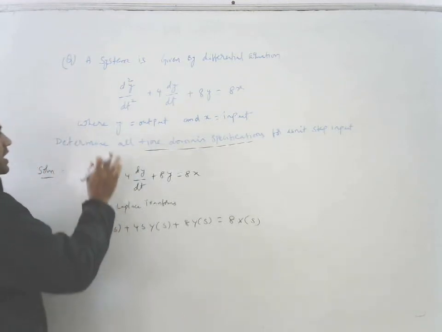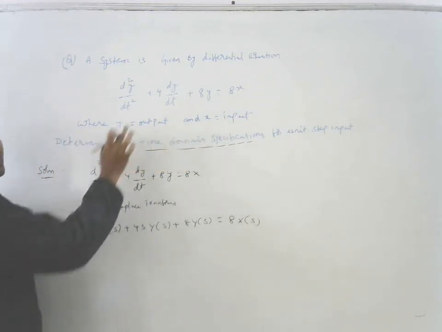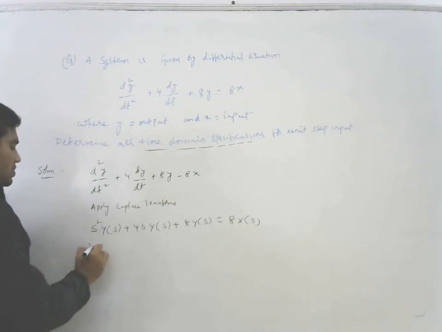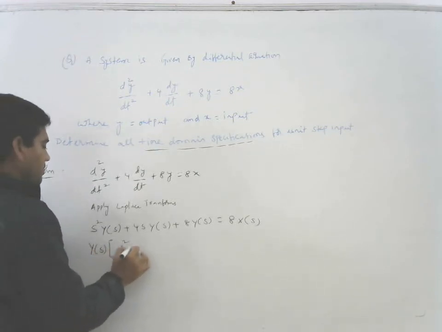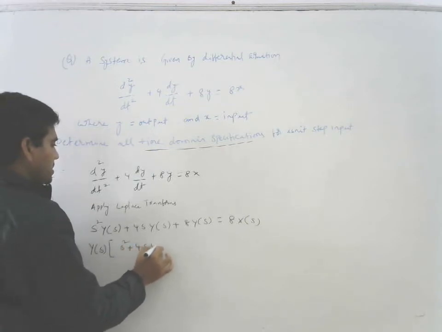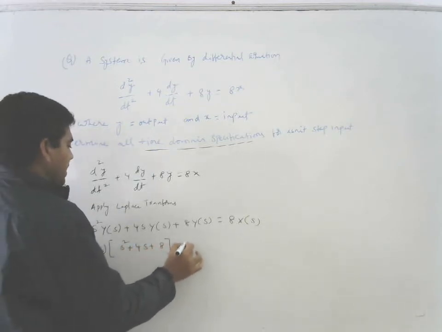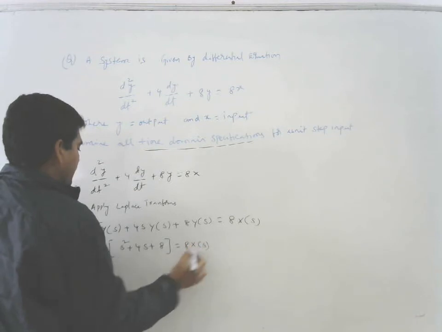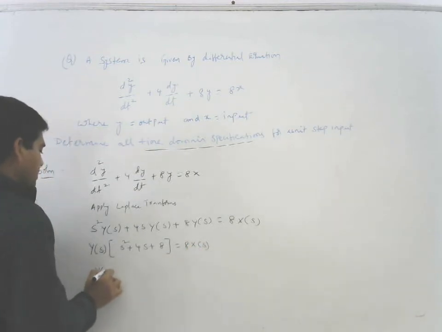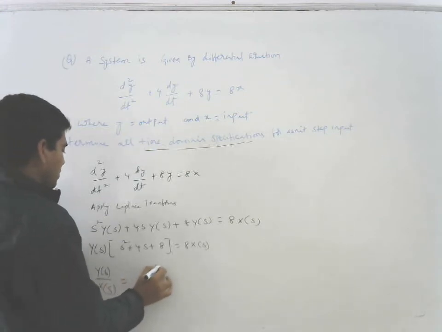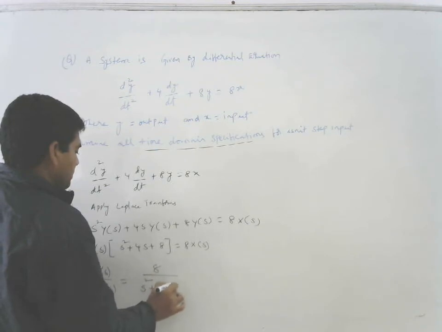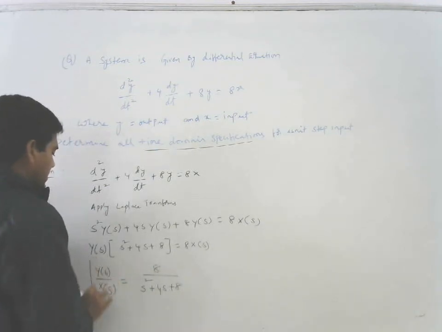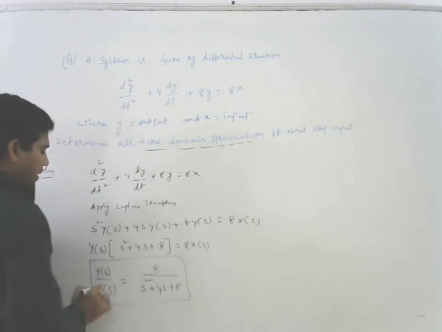What is the input here? X of s. What is the output? Y of s. So we take y of s common: s square plus 4s plus 8 equal to 8 into x of s. So y of s by x of s is equal to 8 divided by s square plus 4s plus 8. This is the transfer function we get.